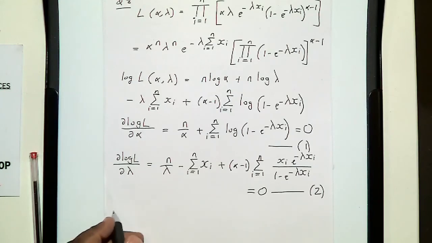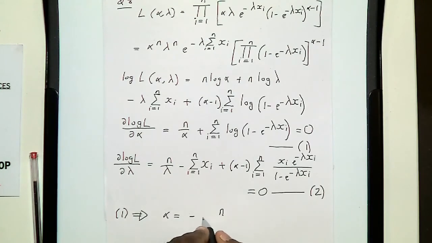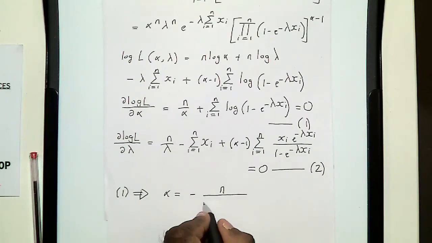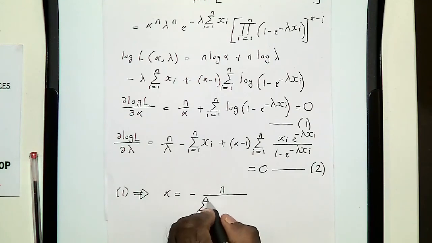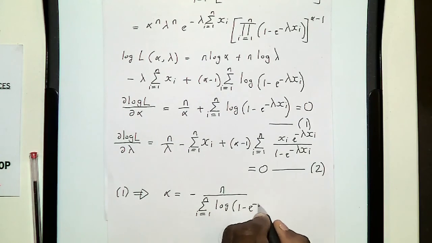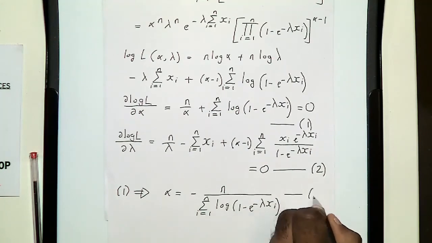So, for example, from equation 1, you see that alpha is minus n over, and let me call this equation 3.